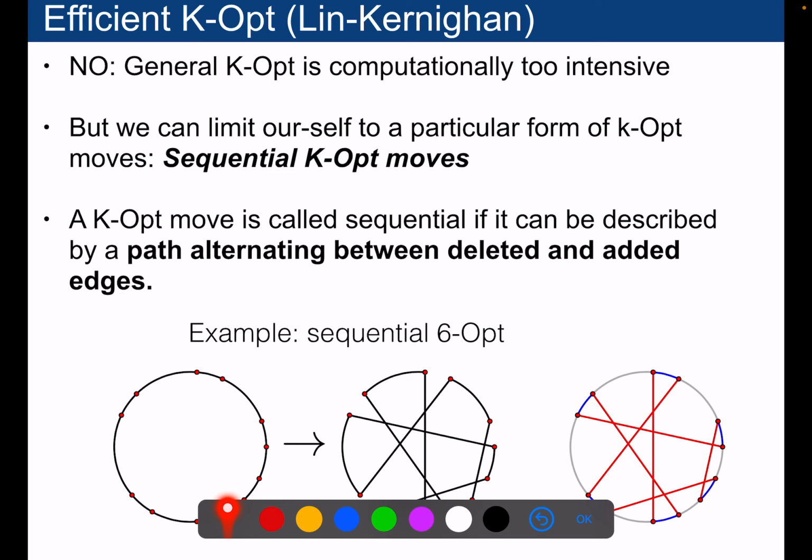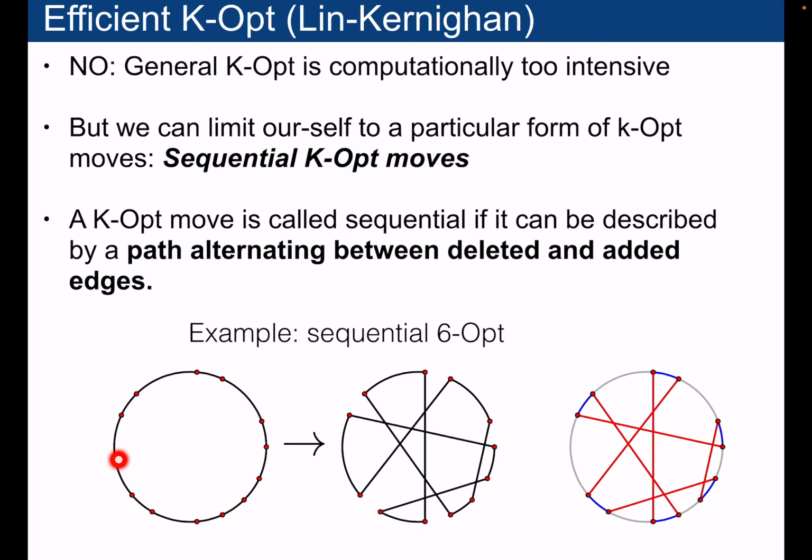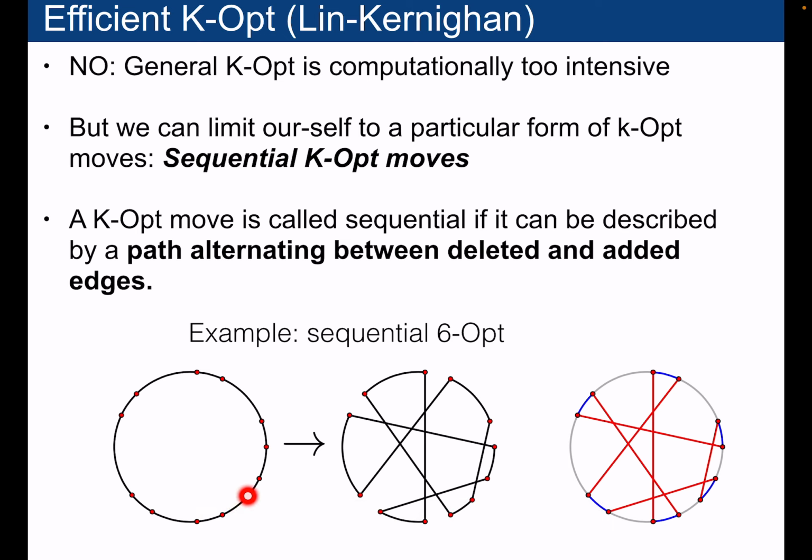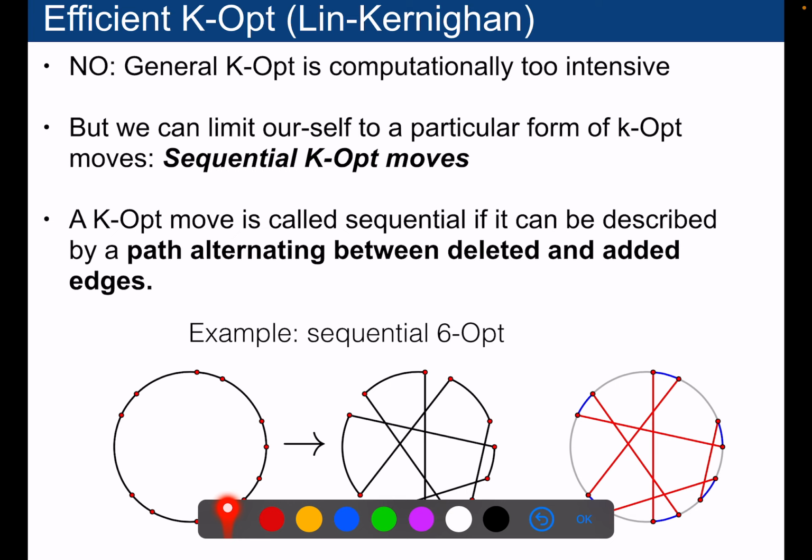So, for instance, this is your current circuit here. I represent it like this for the sake of generality. The sequential k-opt move will consider removing an edge, then adding one, then removing another one, then adding another one, and so on. This is what you can see here at the end.